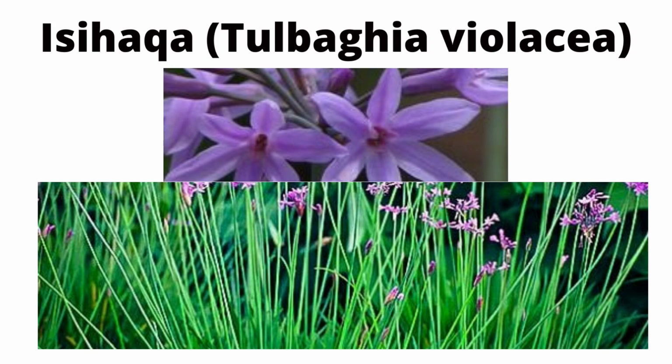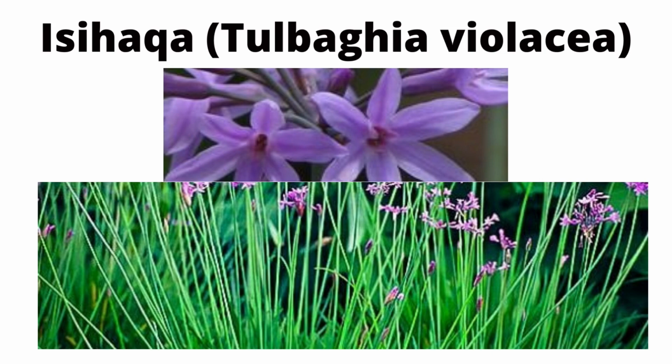Besides the bulb, I also mentioned that you can use the leaves. The leaves of Isihaqa can be eaten as well as used as medicine. Because the leaves are edible, you can cook them and eat them as a leafy green like spinach, or use them as garnish in salads.